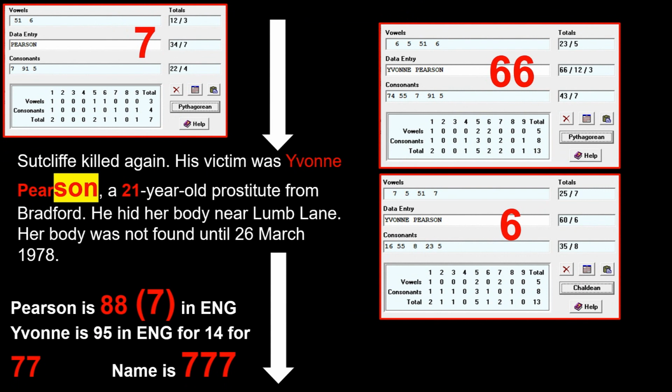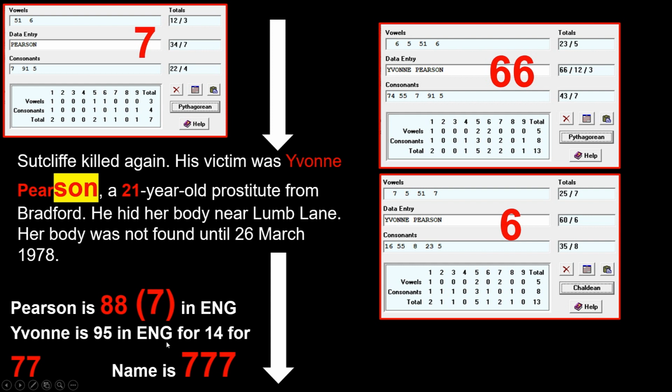Okay, so Sutcliffe killed again. His victim was Yvonne Pearson. We've done it again, another son. And this time a 21-year-old. 21, of course, for three 7s for 777. And Pearson is 88 in English for our 7, and it's a master number.